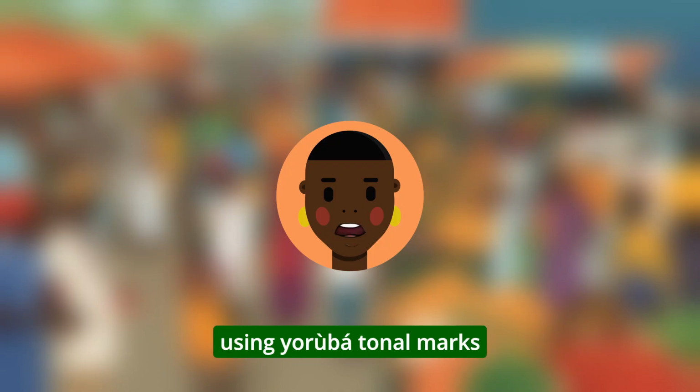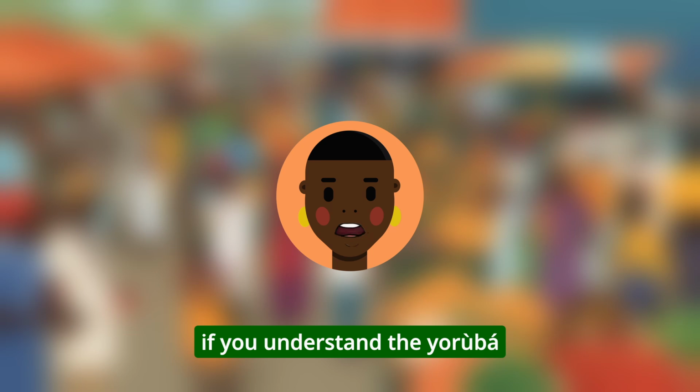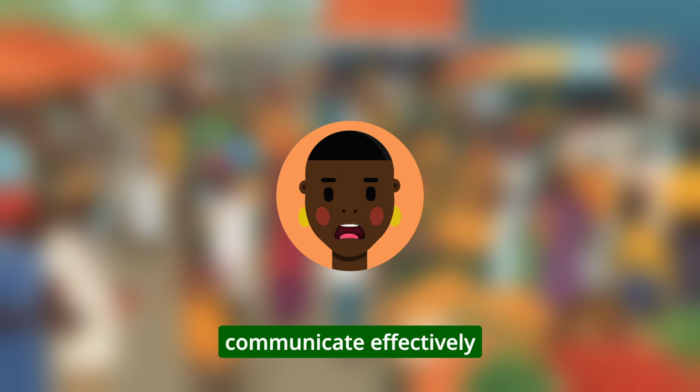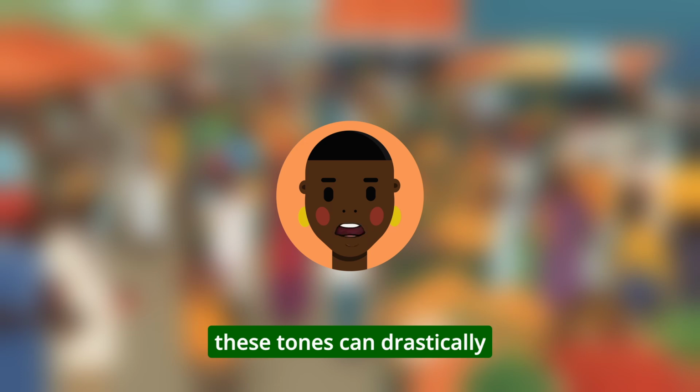Understanding and using Yoruba tonal marks accurately is very essential for effective communication. If you understand the Yoruba tonal marks, you will be able to communicate effectively. Even though words are spelled the same way, these tones can drastically change their meaning.